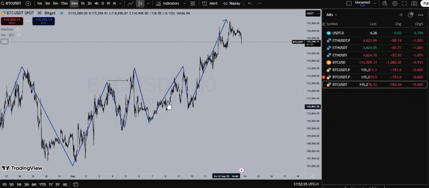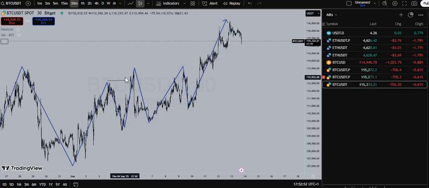In this case, we have this level here previously established as the lower high of the previous downtrend we are coming from, and then price breaking above that lower high to form a higher high this time around for this uptrend.